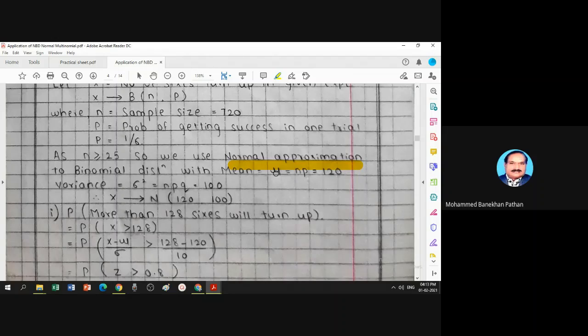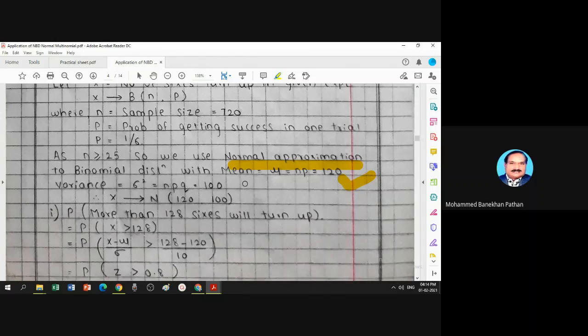So what is mu? Mu is np, which is the mean of binomial. So n is 720, p is 1 by 6, mean coming 120. What is the variance? Sigma square, and the variance of binomial is npq. N is 720, p is 1 by 6, q is 5 by 6. Simplification is 100.